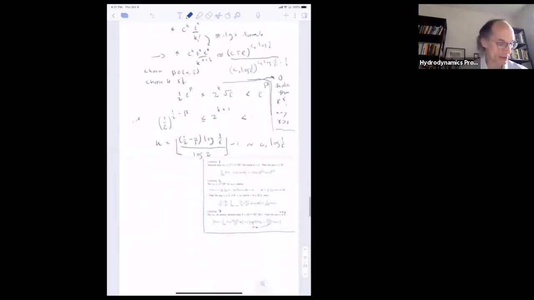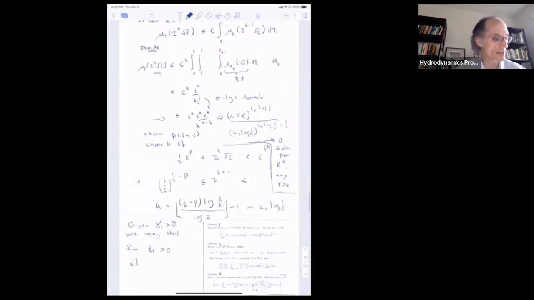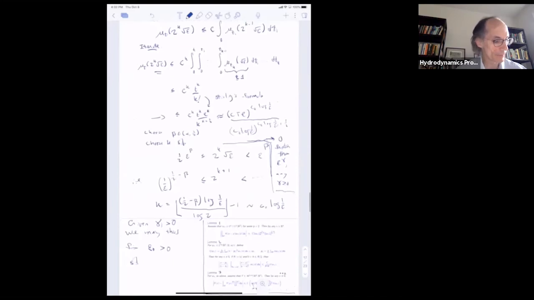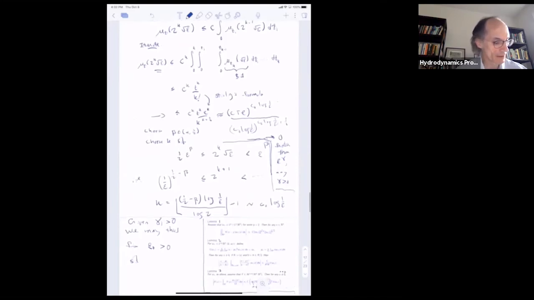Okay, and so then we may fix epsilon not bigger than 0. Given, say, gamma 1 positive, we can fix epsilon not bigger than 0 such that, okay, this is the vorticity outside this number, which is bigger than the vorticity outside here.